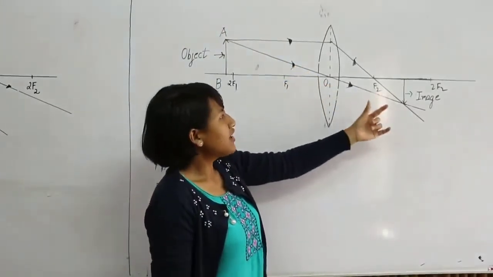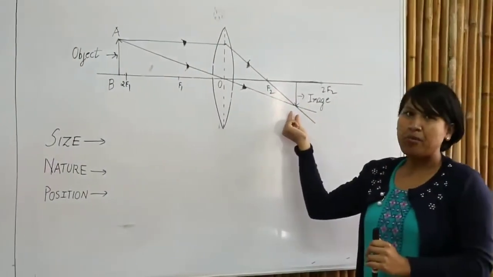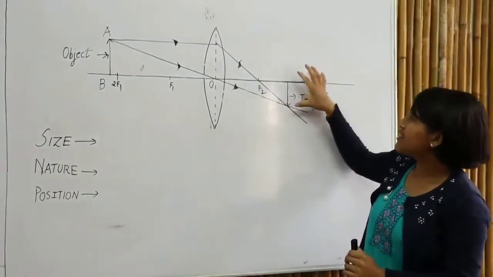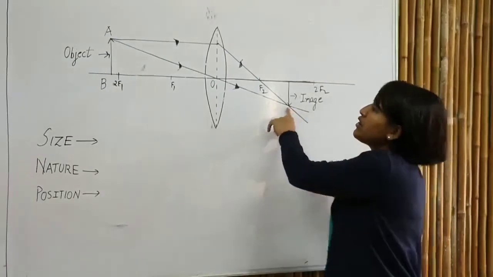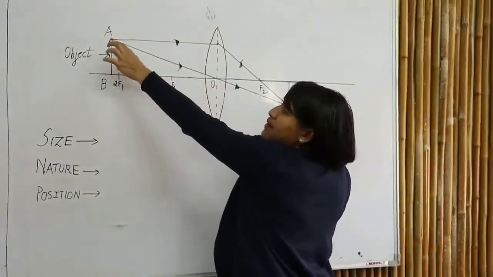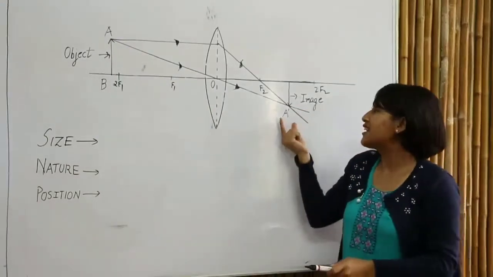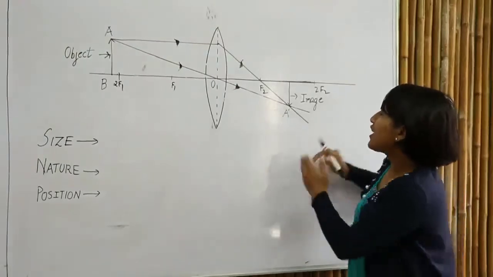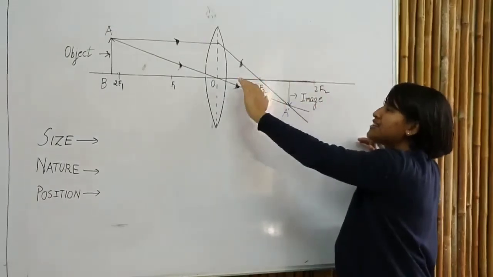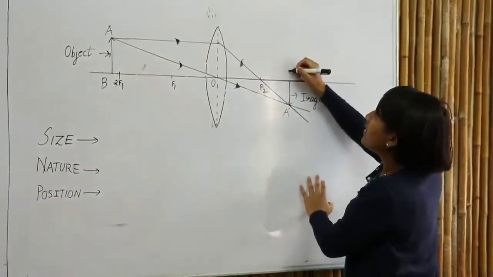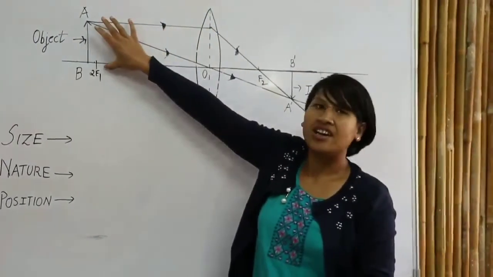Then you see that the refracted rays meet at a point. This intersection gives you A prime. Then you extend this perpendicular to the principal axis, and you get A prime B prime, which is the image of the object AB.